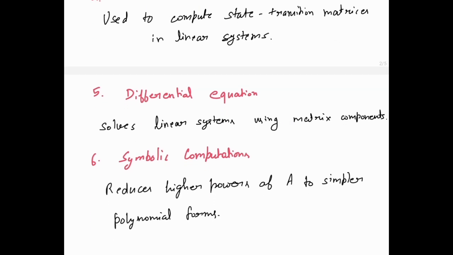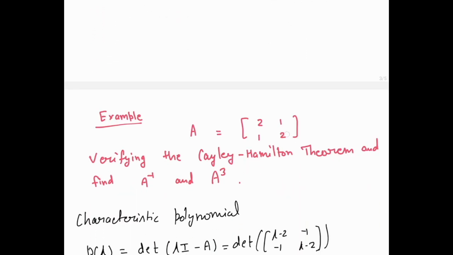Then symbolic computation: higher powers of A are reduced to polynomial form, so such computations become easy. First we will see some applications here, and the others are for your use.